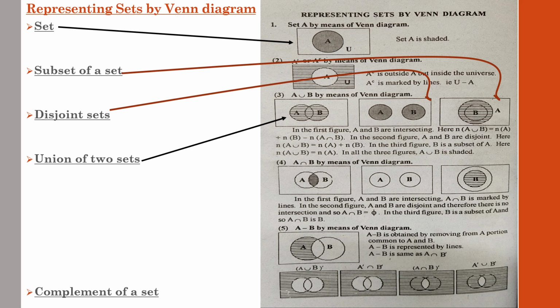So this area is represented by the term which we have learned in the previous class, that means intersection. Intersection is represented by A intersection B. So when union of set is represented through a graph, its equation is n(A union B) = n(A) + n(B) minus n(A intersection B). That is the concept.